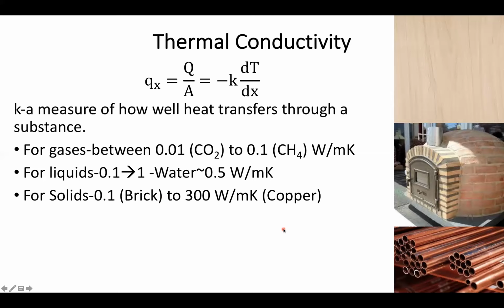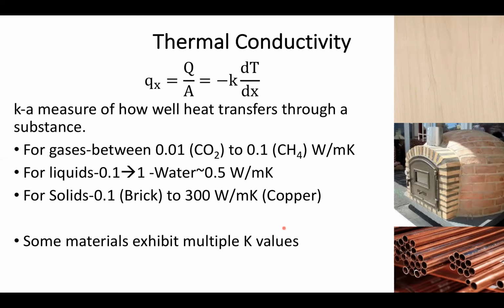One of the things you really should watch out for is that some materials may actually have multiple K values. A good example of this is wood, because you have long strand fibers going with the grain of the wood, making it a fairly conductive material.